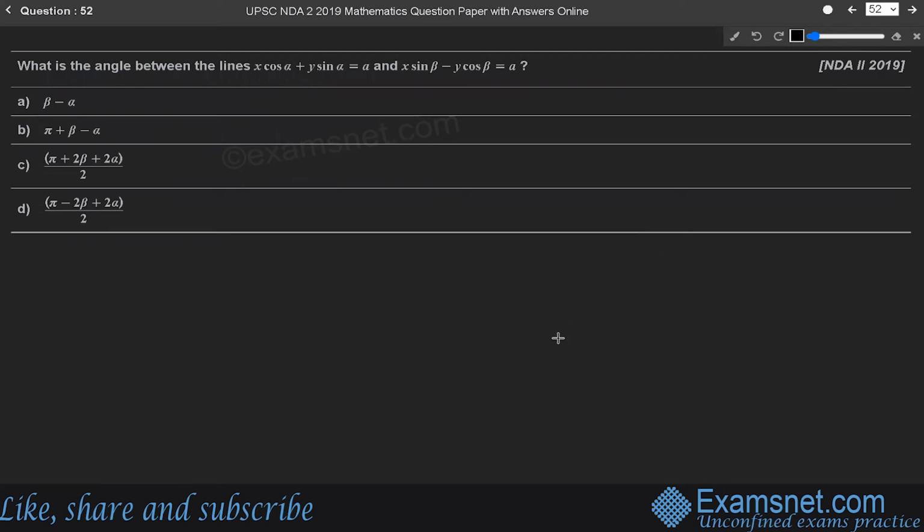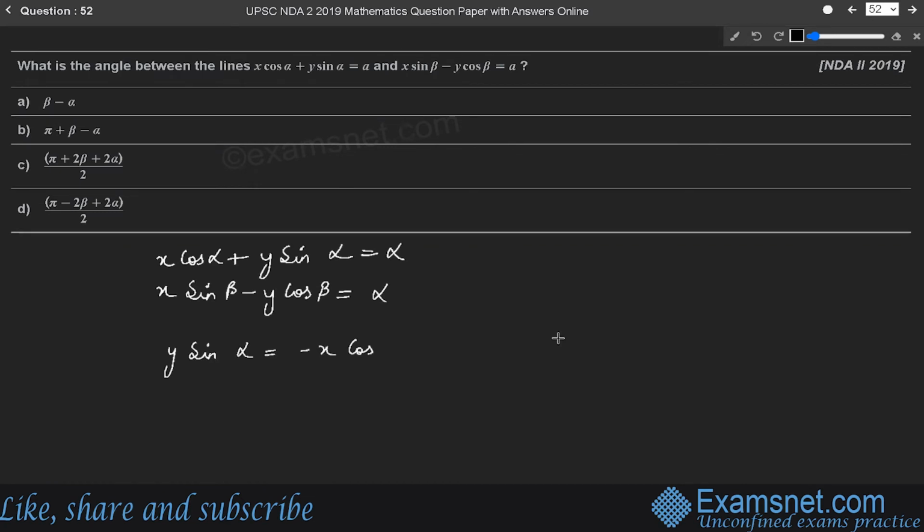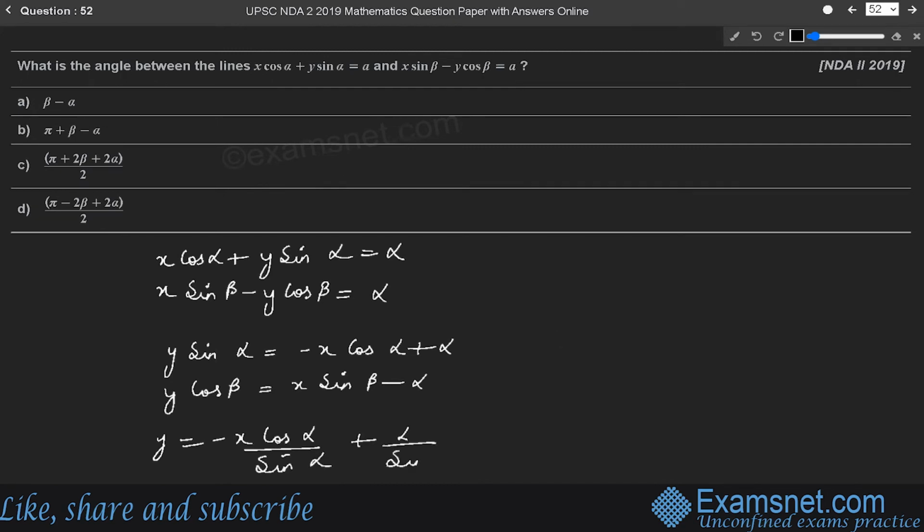Next question is, what is the angle between the lines x cos alpha plus y sin alpha is equal to alpha and x sin beta minus y cos beta is equals to alpha. So we know that y sin alpha will be equals to minus x cos alpha plus alpha and y cos beta will be equals to x sin beta minus alpha. Therefore, y will be equals to minus of x cos alpha divided by sin alpha plus alpha upon sin alpha.